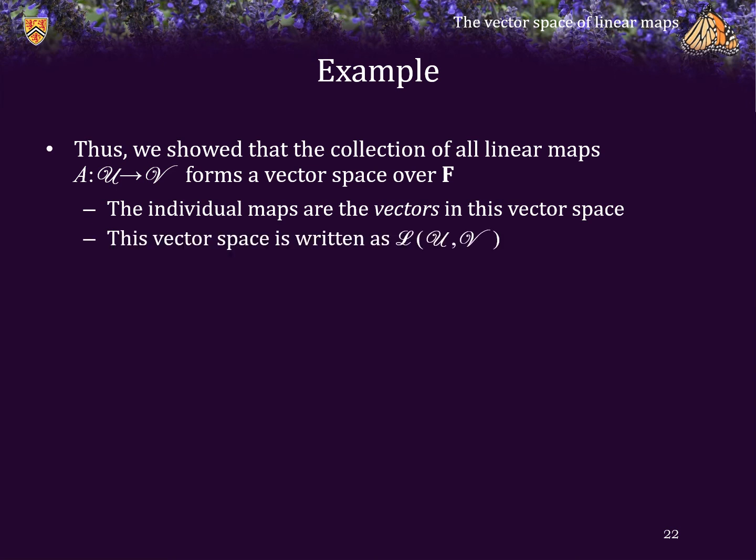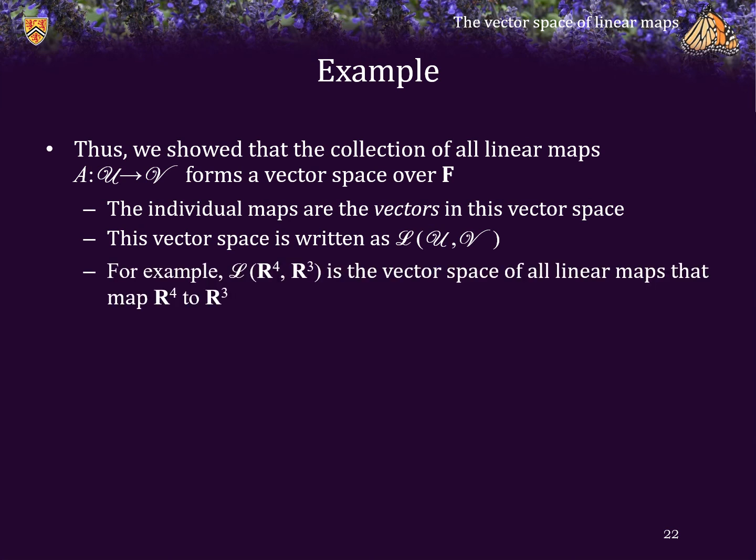This vector space is sometimes written as a script L with both vector spaces, the domain and the codomain, in parentheses. For example, script L of R4 and R3 is the vector space of all linear maps that map R4 to R3. That is, it's representable by the collection of all 3x4 real matrices.